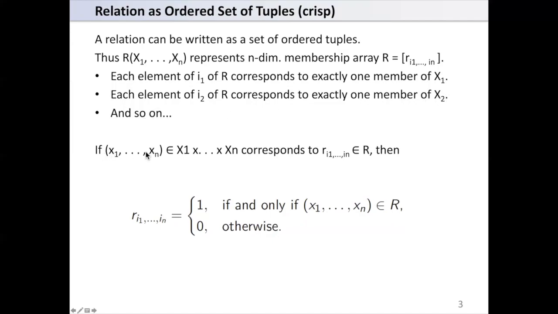If an n-tuple from X1 up to Xn is an element of the Cartesian product of X1, X2, up to Xn and corresponds to a point in the relation, then for that point we have value 1 if and only if that tuple is an element of the relation, and 0 otherwise.